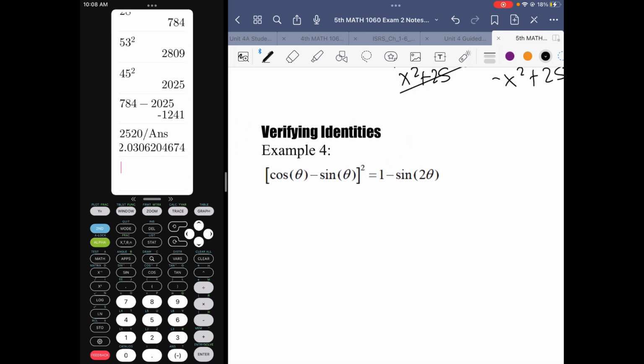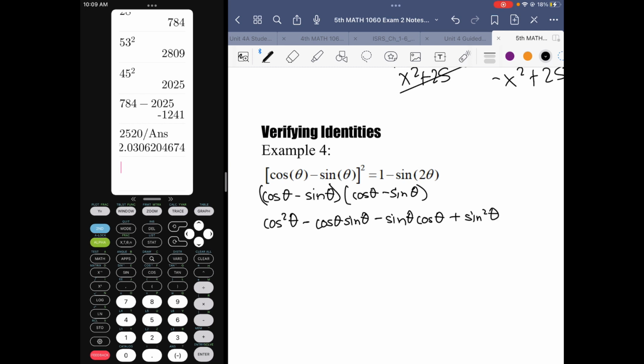Okay, and I'm going to start on this side and realize that this is the same as cosine of theta minus sine of theta multiplied by cosine of theta minus sine of theta, which would give you cosine squared of theta minus cosine theta times sine of theta minus sine of theta times cosine of theta plus sine squared of theta.